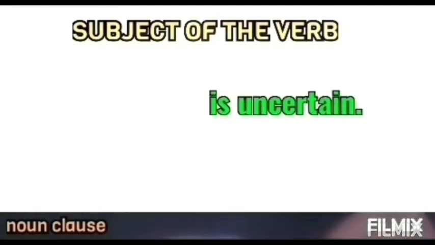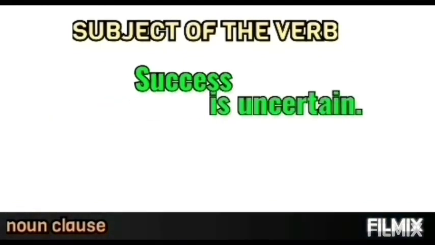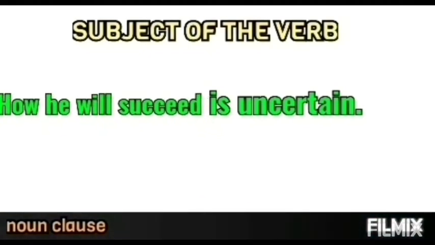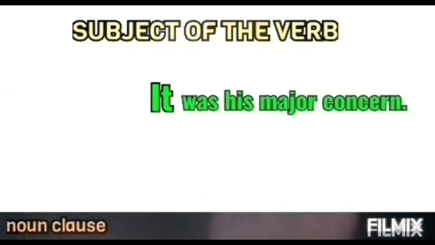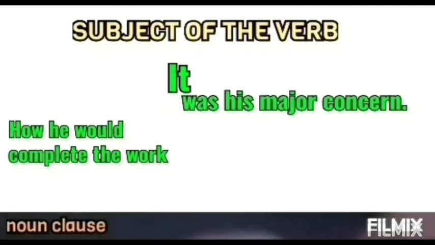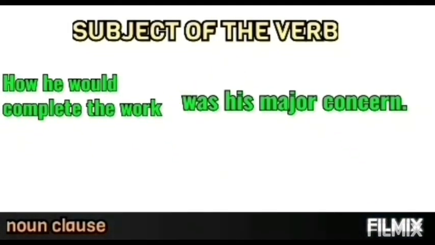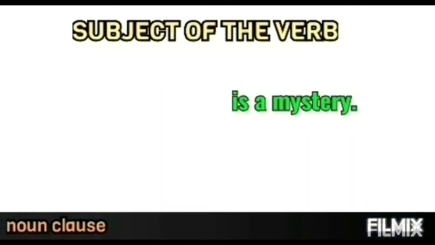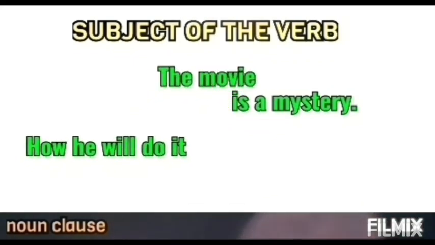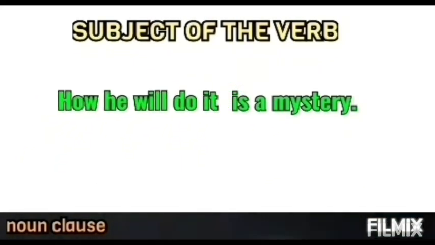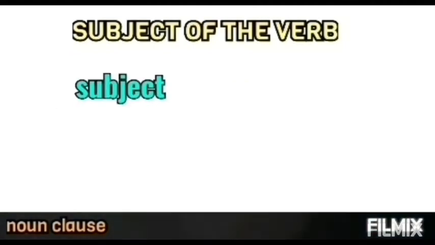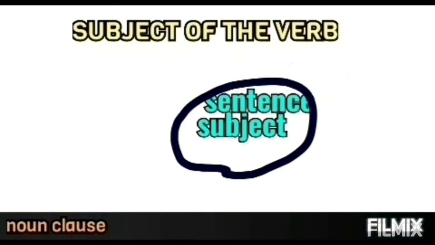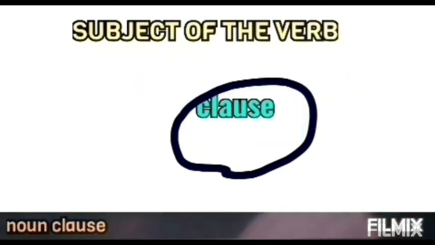When I say success is uncertain, I can say that how he will succeed is uncertain. It was his major concern: how he would complete the work was his major concern. The movie is a mystery: how he will do it is a mystery. So in this way, in place of all these subjects, I have taken a full sentence, or we can say a clause. Okay.